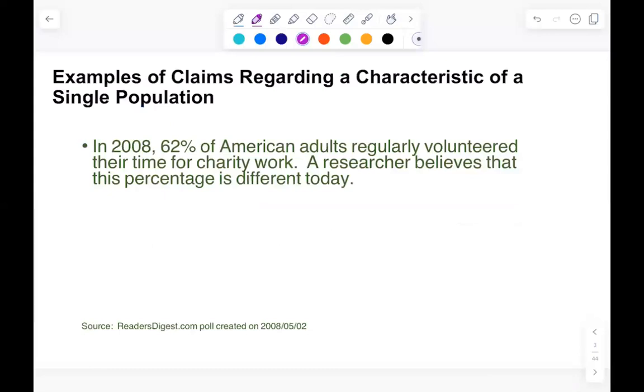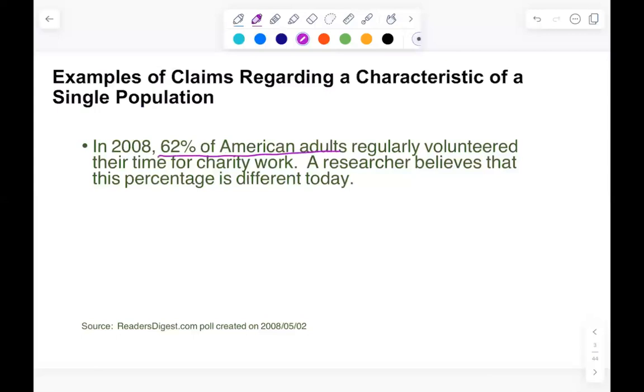Okay, so here are some claims that you could see. One of them is that 62% of American adults regularly volunteered their time for charity work. A researcher believes that that percentage is different today. So there's a study out there that shows that 62% of Americans regularly volunteered.